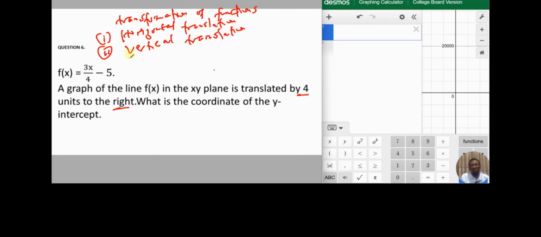Let me call these the HT and the VT. The HT is divided into two: number one, the right movement, and number two, the left movement.